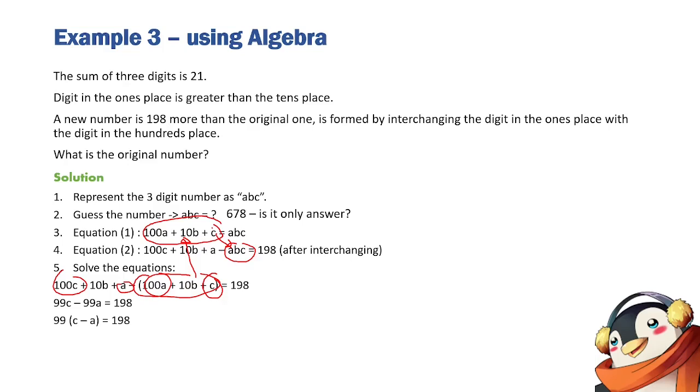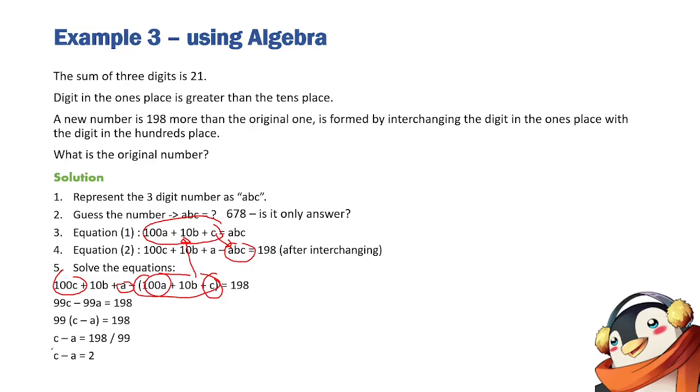So you take out 99, which is common. This is simple algebra. Then you have C minus A equals 198 divided by 99. You get 2.